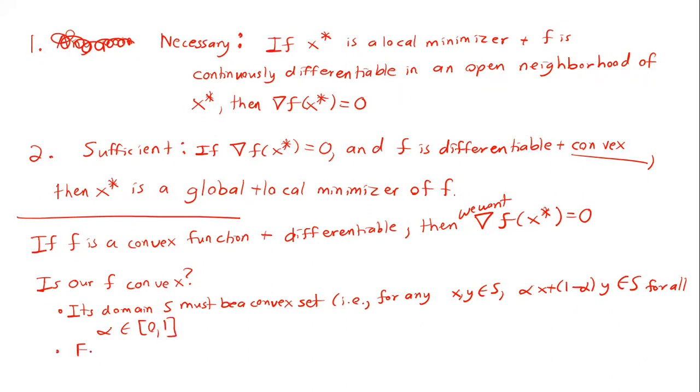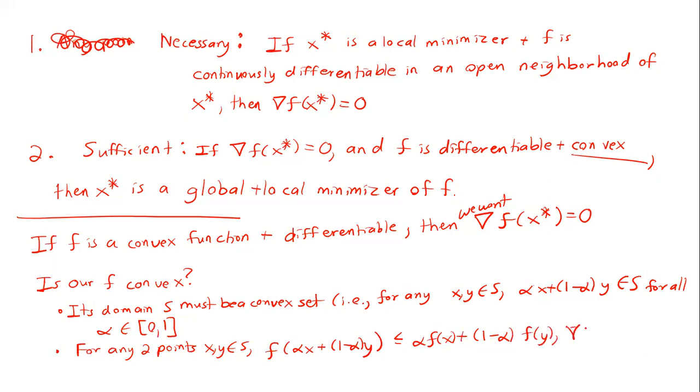And then also for any two points x and y in S, f of alpha x plus 1 minus alpha y is less than or equal to alpha f of x plus 1 minus alpha f of y for all alpha in the range of 0 to 1. And so these are the things we would have to test.